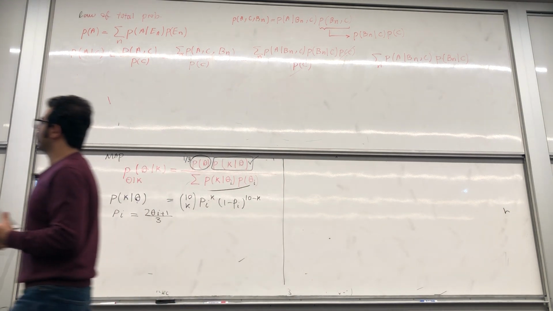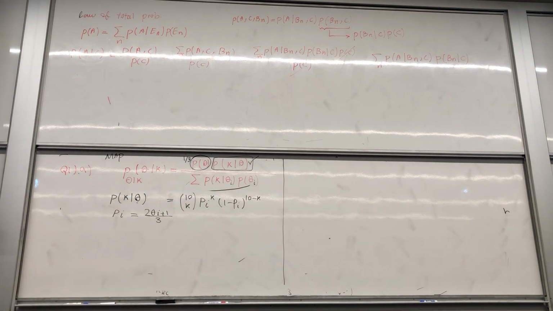Okay, so M is the number of questions that the student knows how to answer. Derive the posterior PMF. What we are looking for is the posterior probability of M, knowing that the student answered 5 questions correctly.